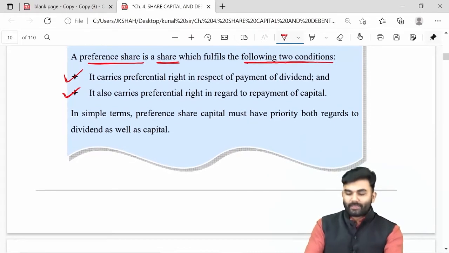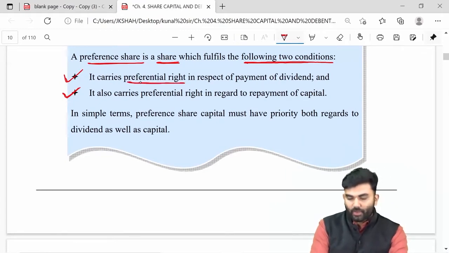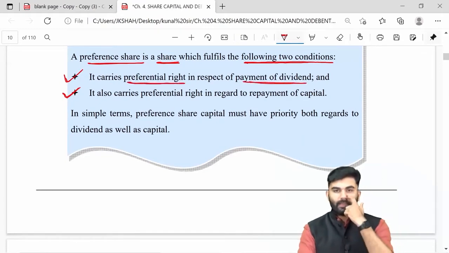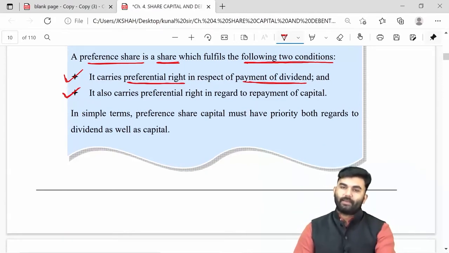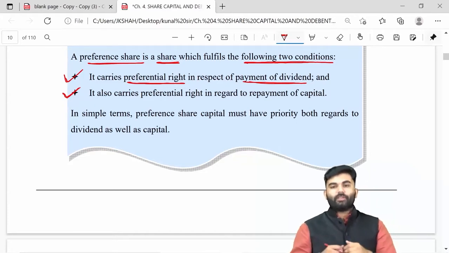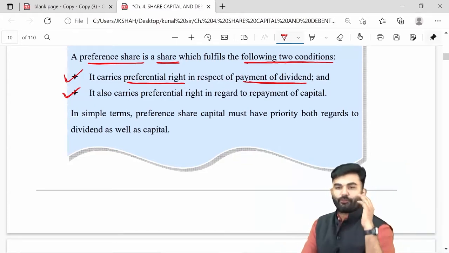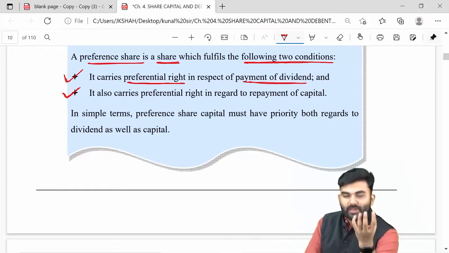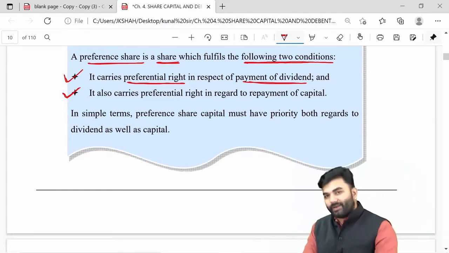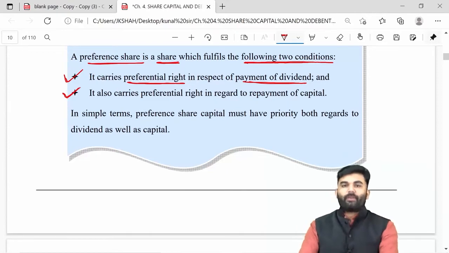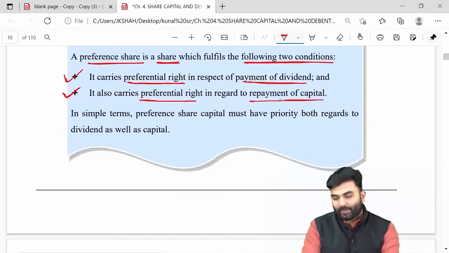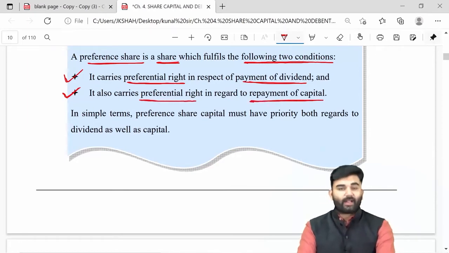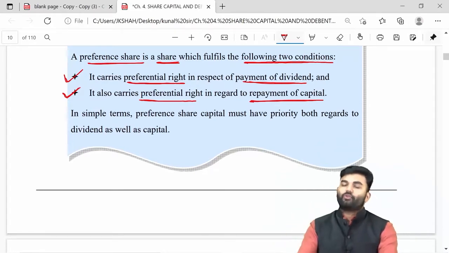A preference share is a share which carries a preferential right in respect of payment of dividend. Whenever the company declares dividend, the very first right to receive the dividend will be with the preference shareholder. If you are a preference shareholder, then you have a preferential right towards the repayment of capital as well. If the company goes for liquidation, the assets will be sold off and the liabilities will be paid off.